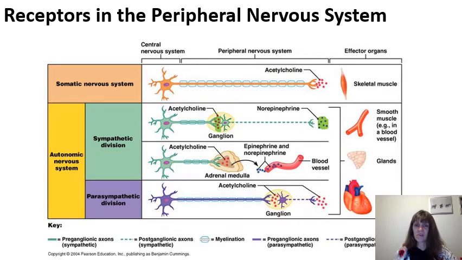This norepinephrine that is released will go to different organs. When the sympathetic nervous system is stimulated, the receptors on the heart are going to respond to norepinephrine in a manner that causes the heart to contract more rapidly and with more force.